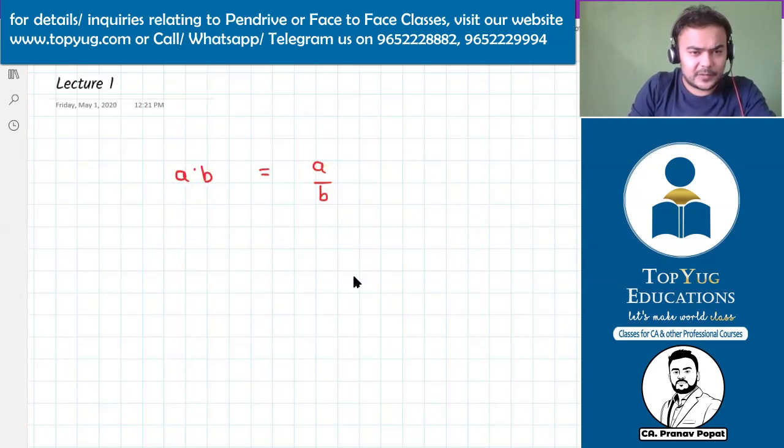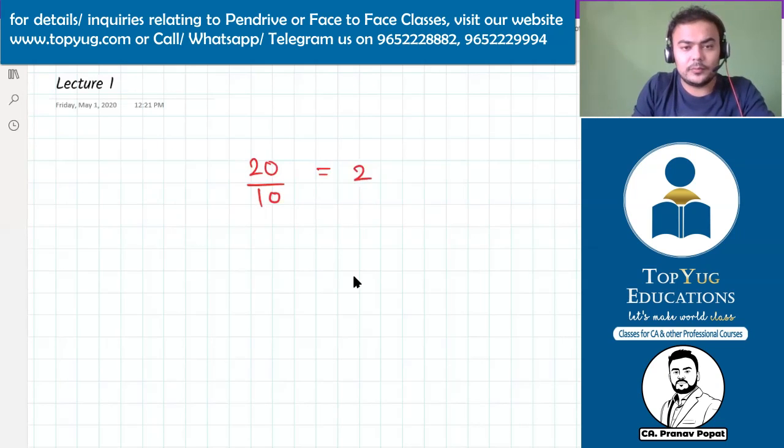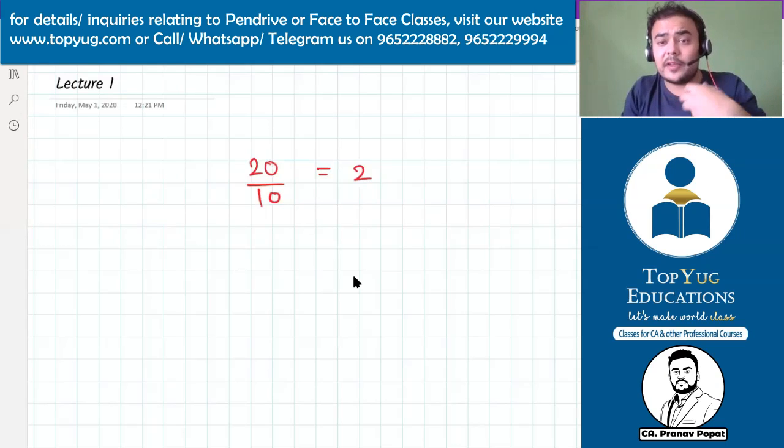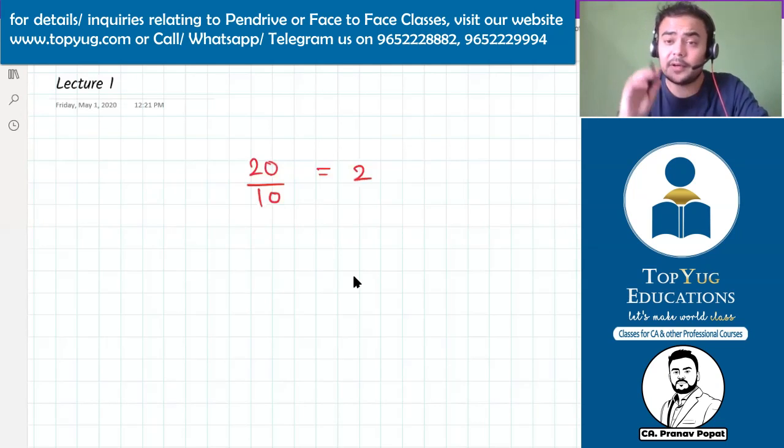Okay. Now see, if I say 20 divided by 10, this is equal to 2. This is a normal division. But when we come to the business world, there are different quantities that we need to compare. There are different types of quantities.